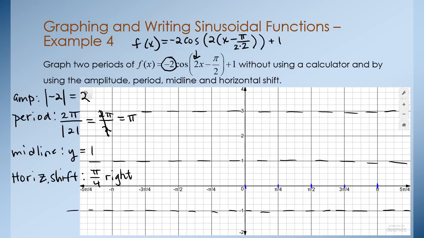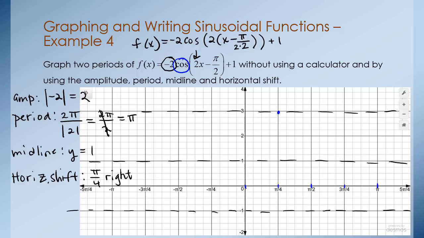All right, now what's this curve going to look like? Well, in order to answer that question, I have to remember, what does the cosine function look like? At 0, a normal cosine function is going to hit its maximum value. So that's what we're going to do, only we're going to move to the right pi over 4 units to begin, and I'm going to put a point down. And let's see, I know that I'm hitting my maximum at the beginning and at the end of that period.